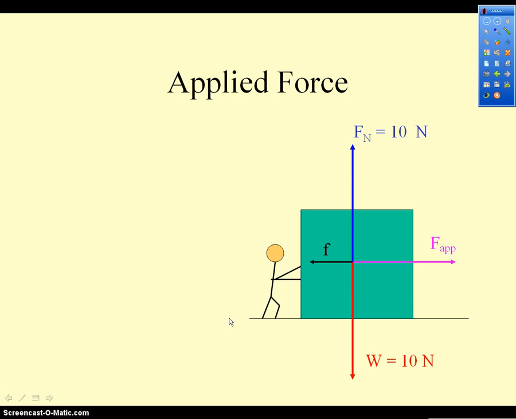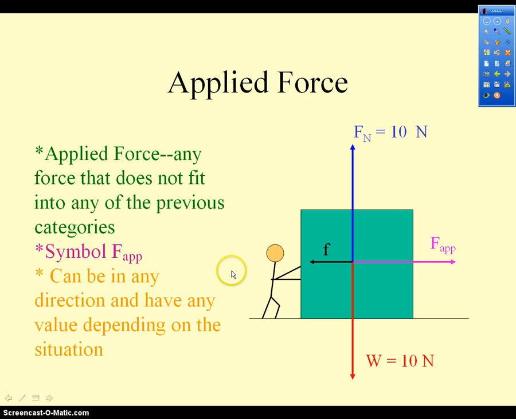The last category is kind of a catch-all category that applies to any force that isn't one of the other ones that we just talked about, and that's applied forces. Applied forces can be in any direction and have any value depending on what's happening. So if you have somebody that's pushing this big box, we would say that he's pushing with an applied force to the right because of the way it's looking here.